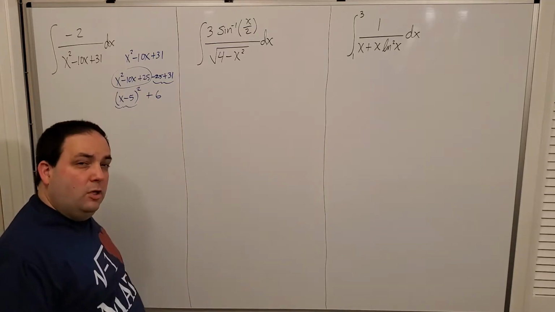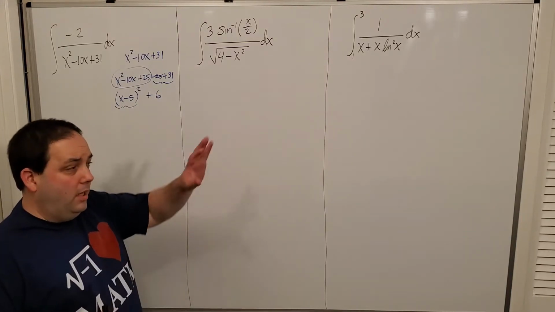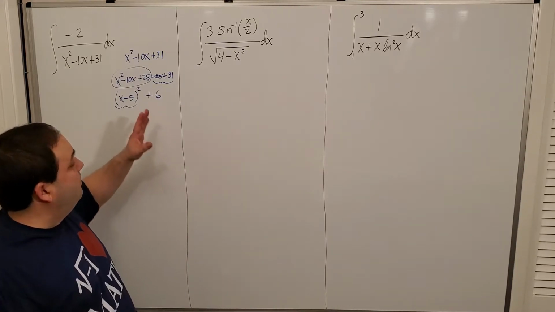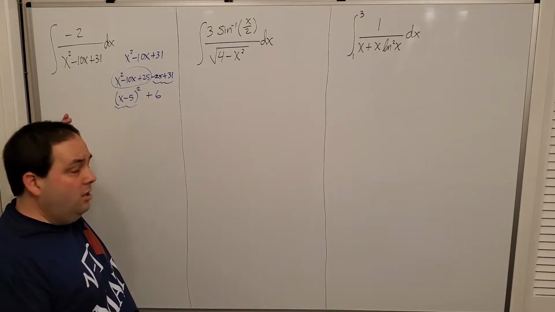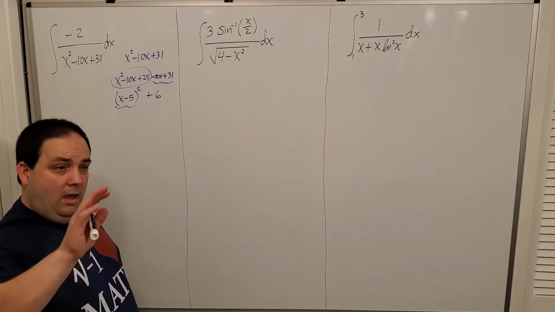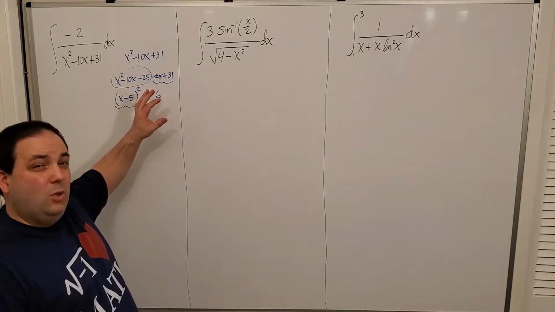Okay? If you're a little bit shaky on completing the square, I recommend running over to my college algebra series. I've got an entire video that talks about solving quadratics and completing the square and quadratic formula along with it. Okay? Definitely a good thing to practice, because this completing the square thing is not going away.